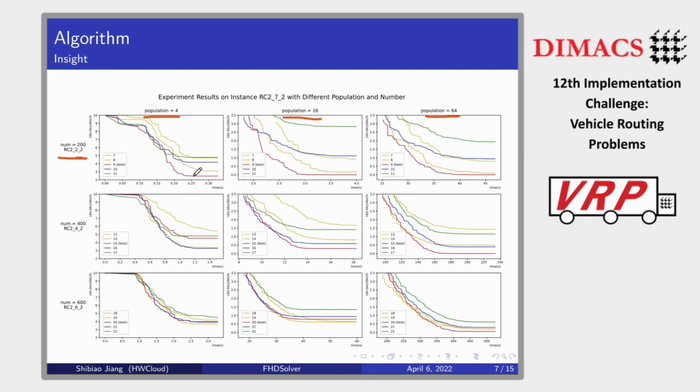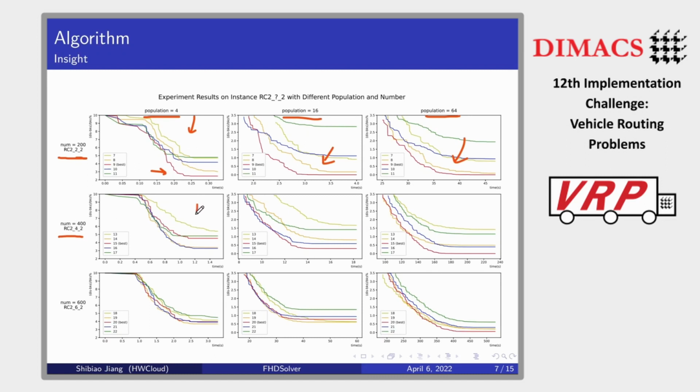The red one is the route number of the optimal solution. And you will find that it is enough to set the population size to 4 to quickly check out the optimal route number, because the red curve is exactly at the bottom. And also, if you enlarge the population size, you can get a similar result. And now let's move to 400.